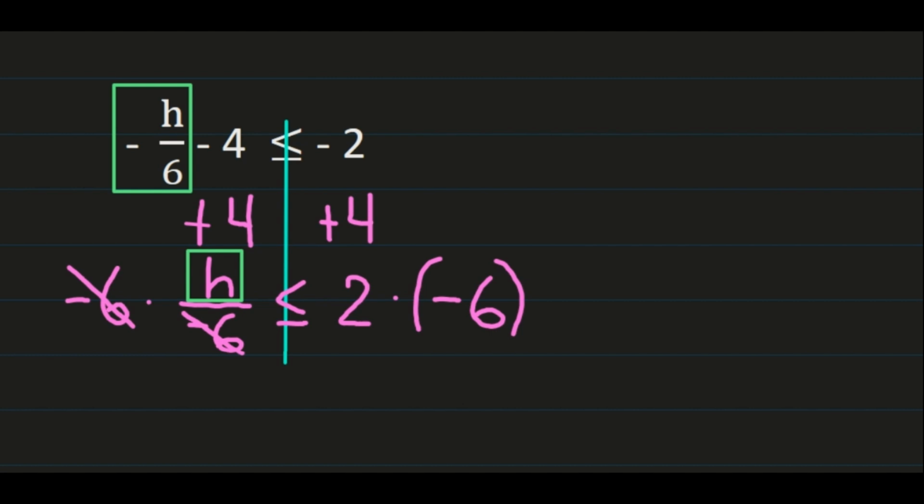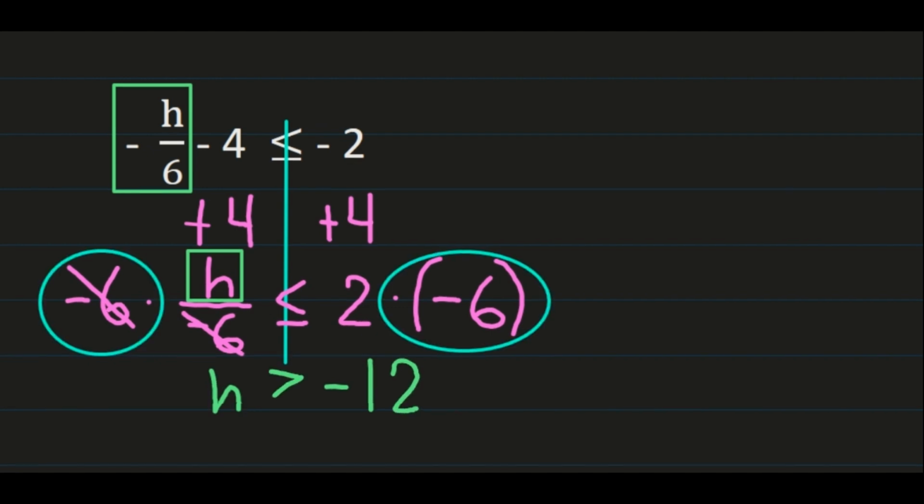On the left, my negative sixes will simplify out, leaving me with just h. On the right, I have a positive times a negative, which is a negative, and I have 2 times 6, which is 12. So I'll have negative 12 on the right. I multiplied both sides by a negative, which means I need to flip that inequality. So now I have h is greater than or equal to negative 12.